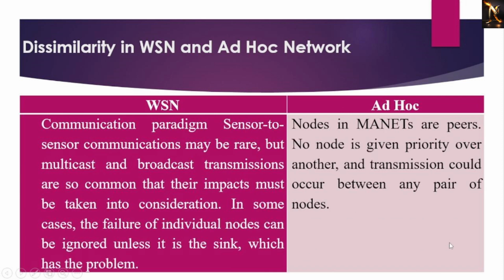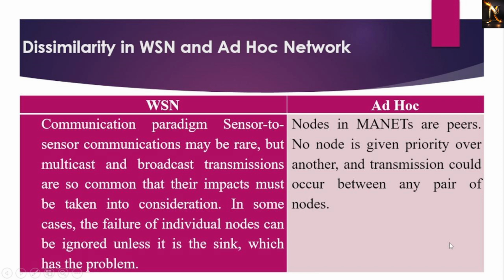In the communication paradigm of wireless sensor networks, WSN, direct sensor-to-sensor communications may be infrequent. However, multicast and broadcast transmissions are so prevalent that their effects must be carefully considered. In certain scenarios, the failure of individual nodes may not be significant unless it involves the sink, which presents a problem.